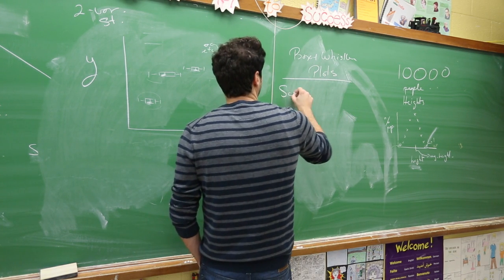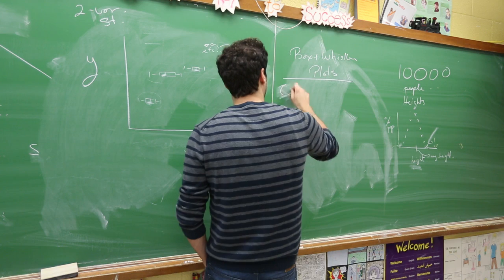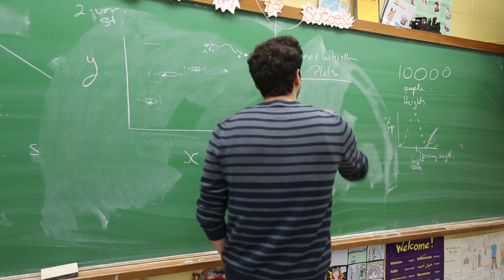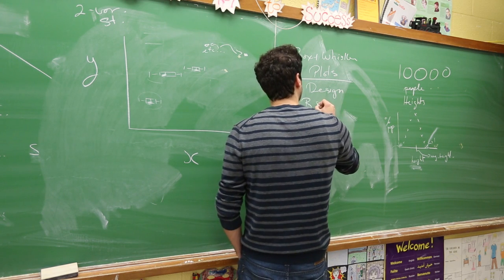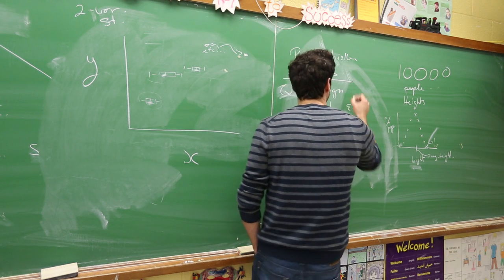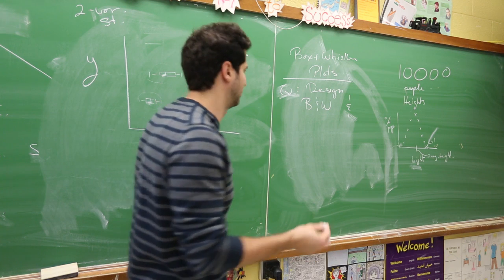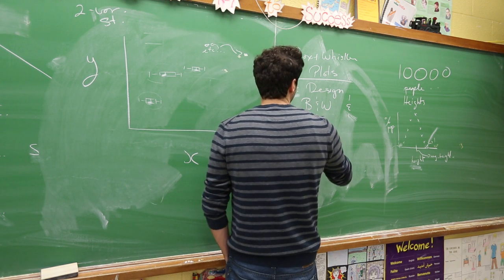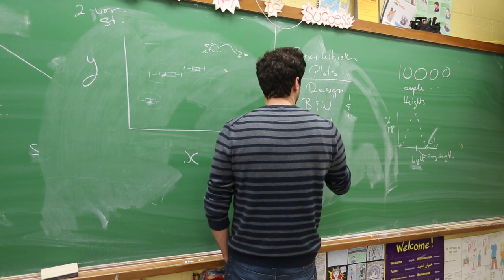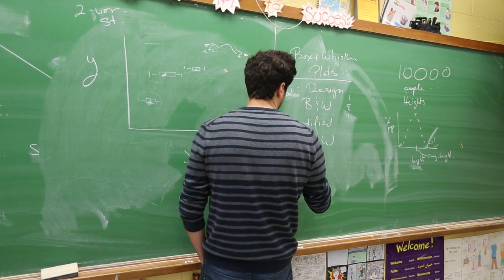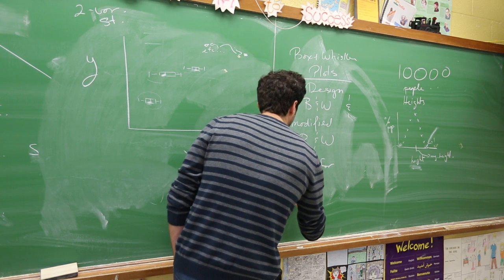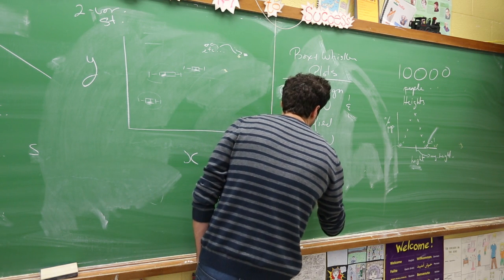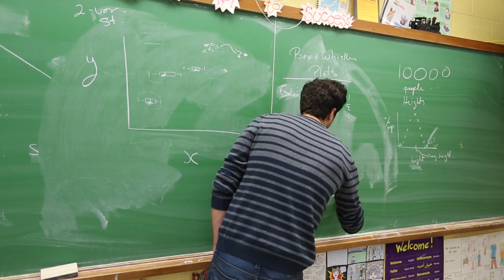So let's talk about a scenario here, or we'll just call it a question. Design a box and whisker plot, and there's another type of plot called a modified box and whisker plot, for the following data.